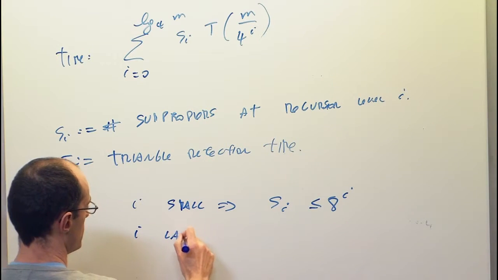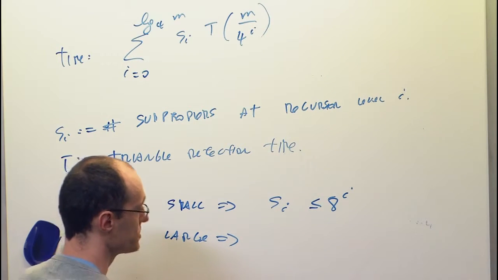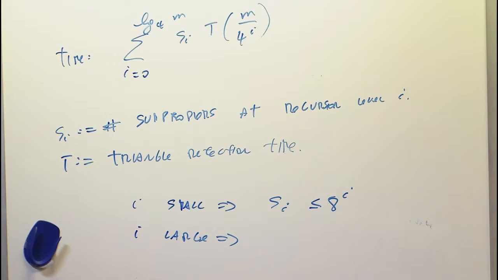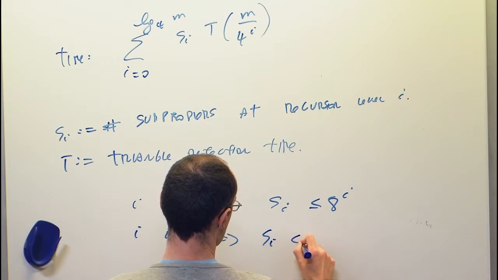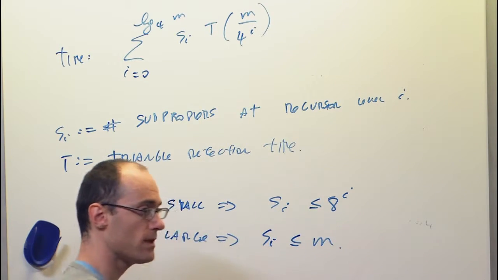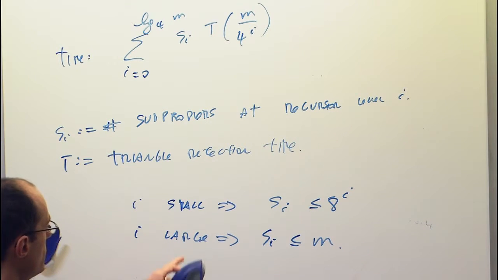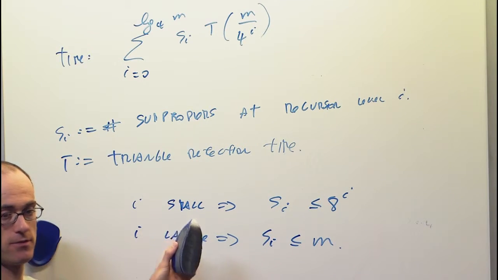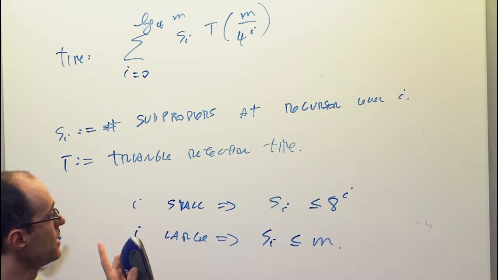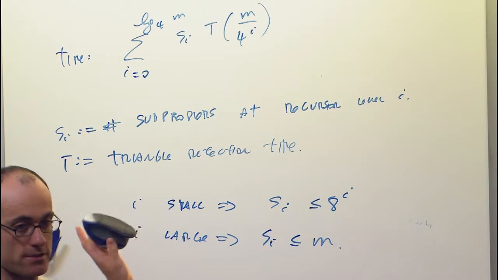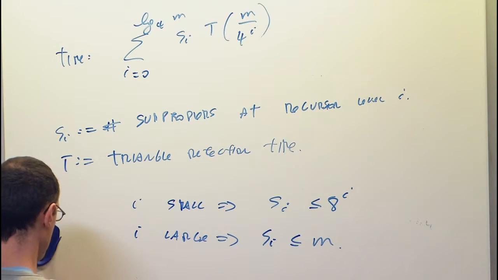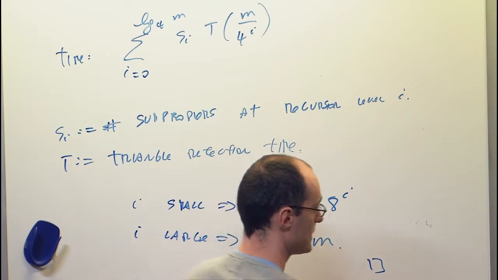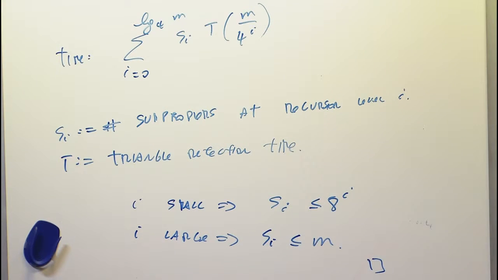And if i is large, then since we just want m triangles, we only keep m subproblems, so S_i is at most m. If you pick the right threshold for small and large, you will get this time m to the 4/3 that I mentioned earlier. That's the whole proof, under the assumption that every time the subproblem has m over 4 edges.